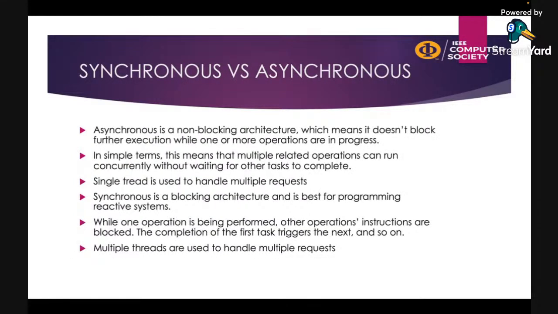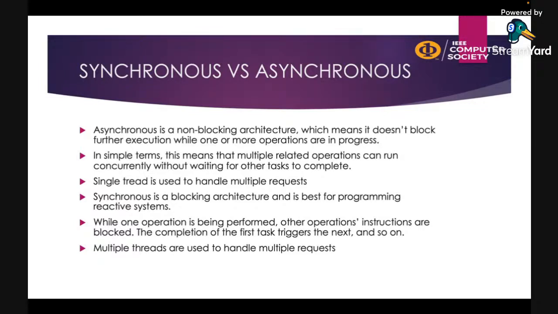Let me tell you how Node basically works. Node has a non-blocking or asynchronous architecture. Asynchronous architecture means it does not block further execution while one or more operations are in progress. In simple terms, this means that multiple related operations can run concurrently without waiting for other tasks to complete.